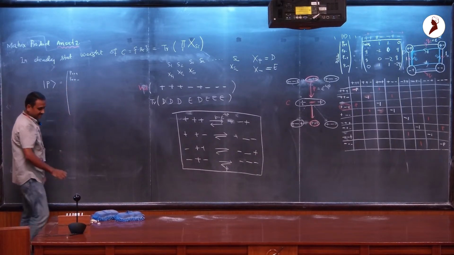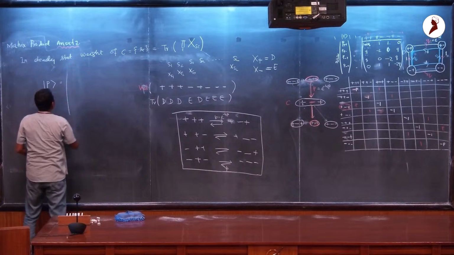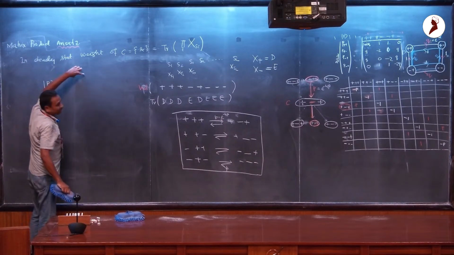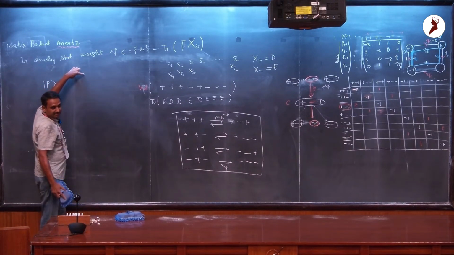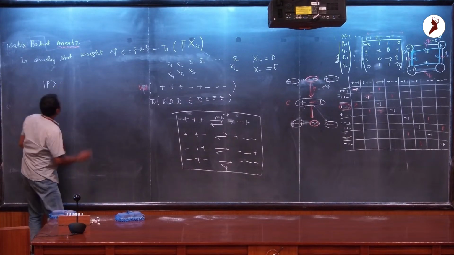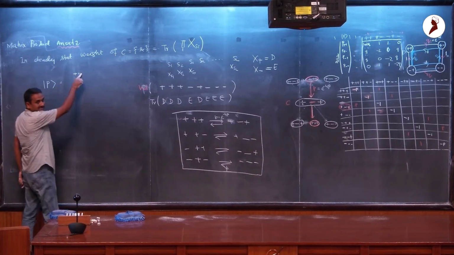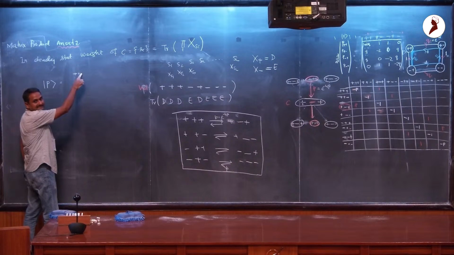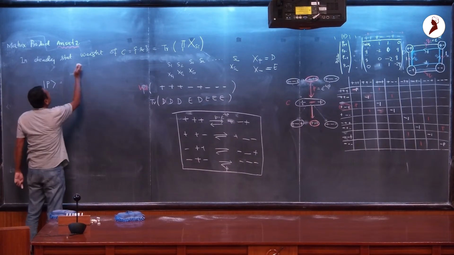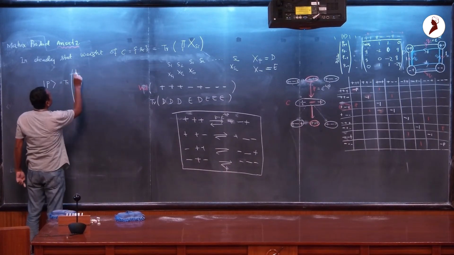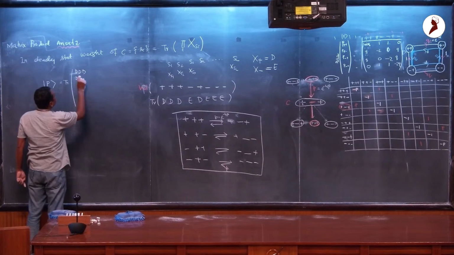I should have written like that, but I will not write like this. I will just say that for each configuration, for 3 sides I'm saying, the weight of plus is what? Trace of DDD. So I will write trace of DDD, DDE, DED.